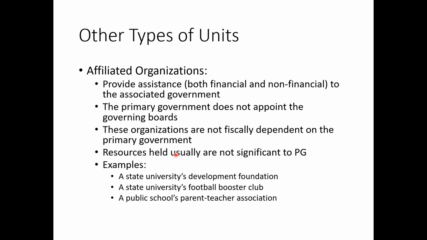And resources held usually are not significant to the primary government. Examples are university development foundations, university football booster clubs, and the most frequently seen, the public school parent-teacher association.